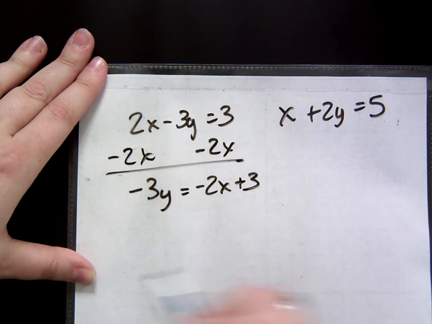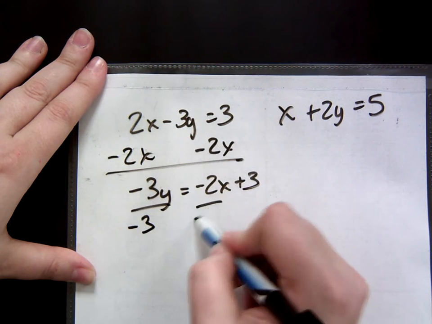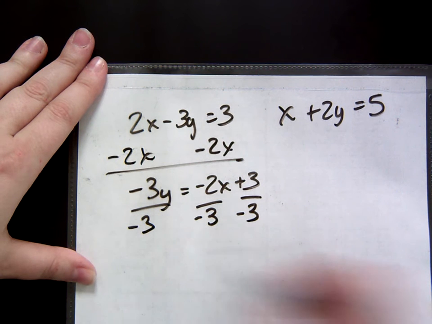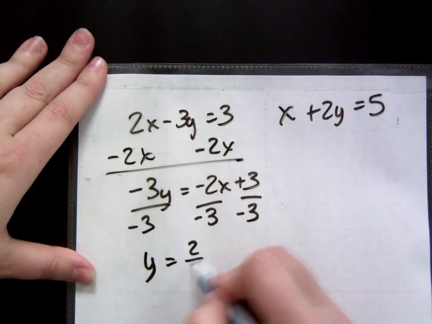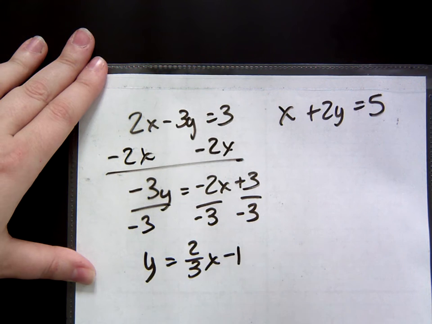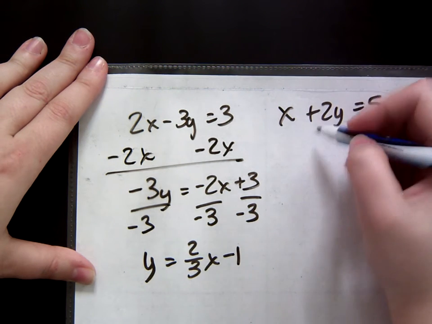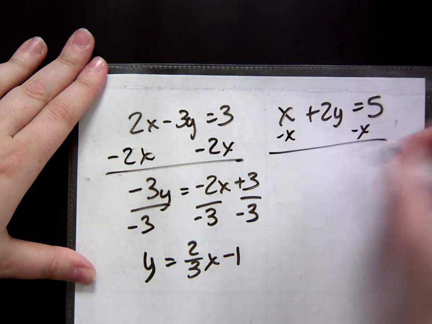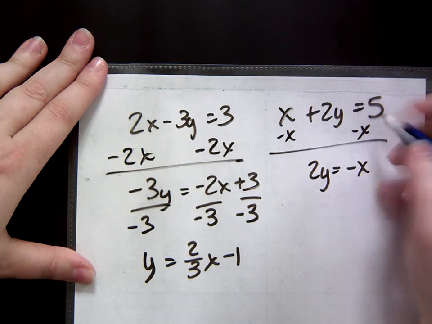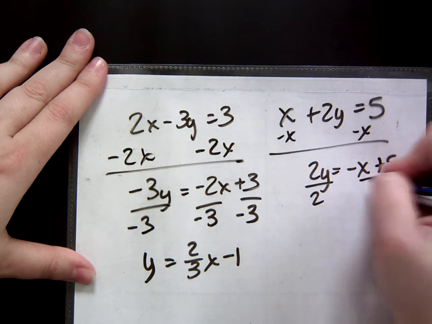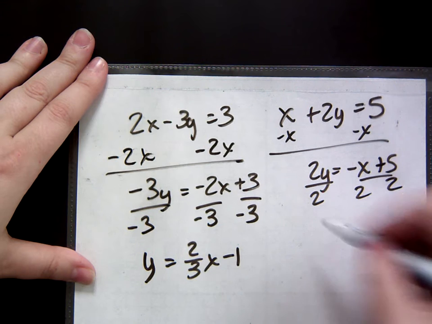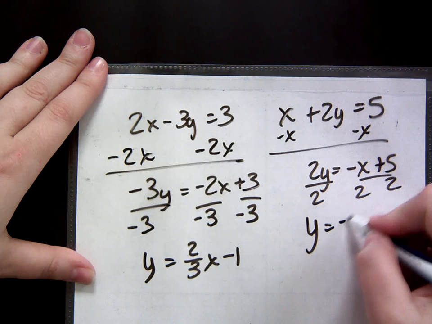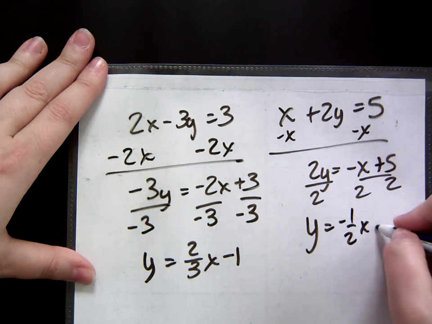This is almost like the other one. In fact, this first equation is the other one. So I get positive 2/3 x minus 1. But this one is different. When I subtract x from both sides, I get 2y equals negative x plus 5. Divide by 2, and I get y equals negative half x plus 2.5.